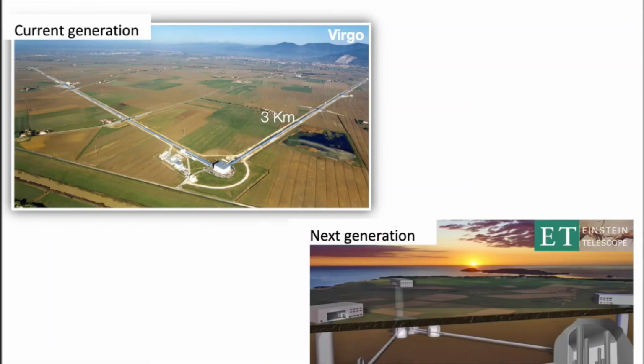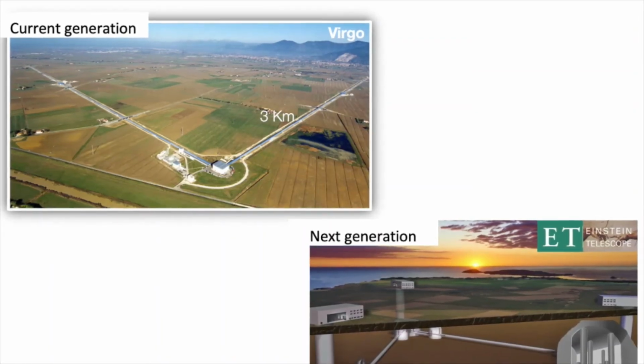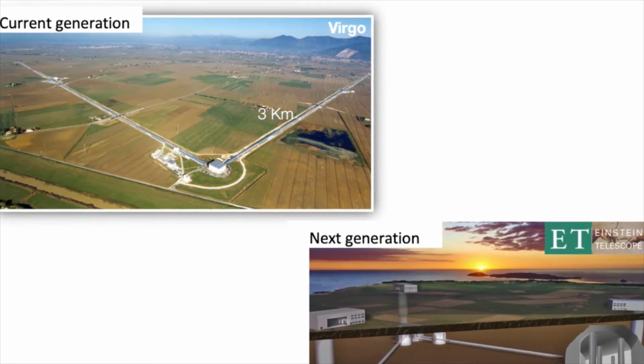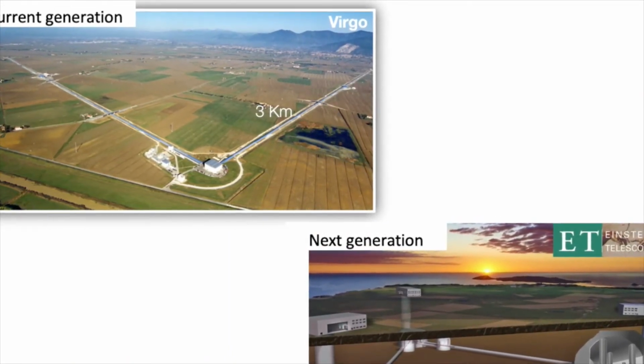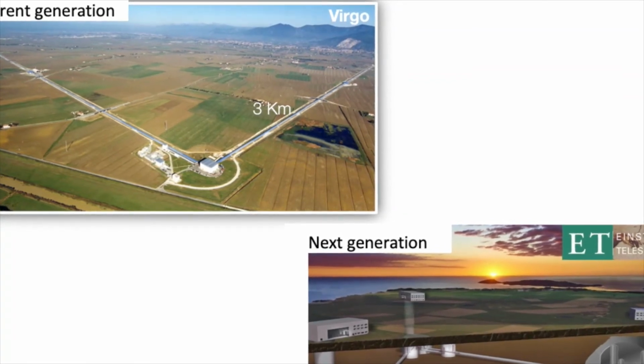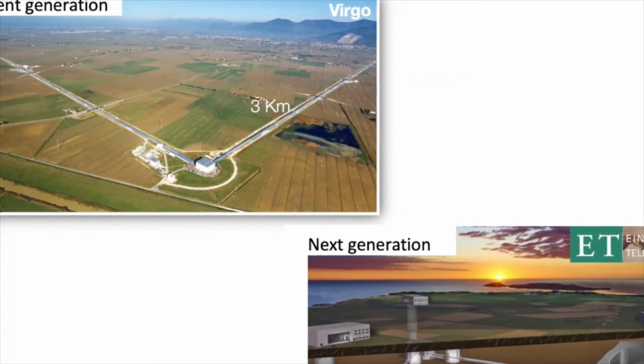One division of the experimental gravitational area is the area of the ground-based gravitational wave detectors. In Trento, we accepted the big challenge to improve the sensitivity of the current gravitational wave detectors, in particular the one called Virgo. We are also part of the design team of the next generation of gravitational wave detectors, the so-called Einstein Telescope.